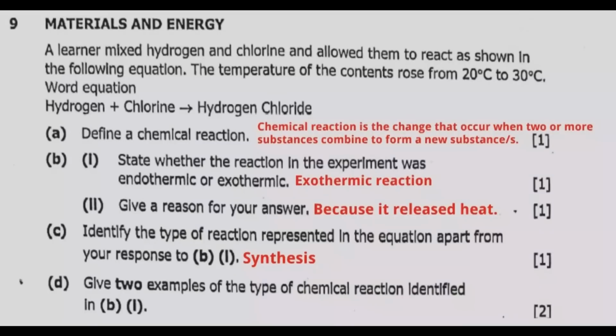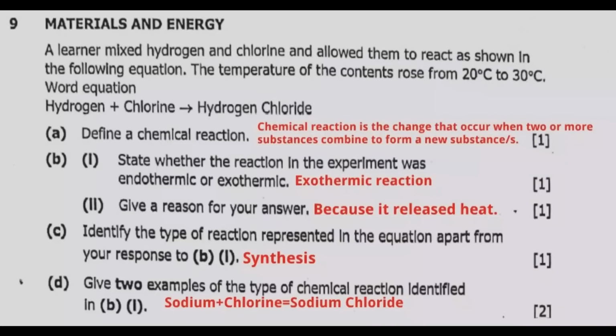Okay, we go to question number D. Give 2 examples of the type of chemical reaction identified in B1. I'll give you 3. The first is salt, sodium chloride: sodium and chlorine react and form sodium chloride.